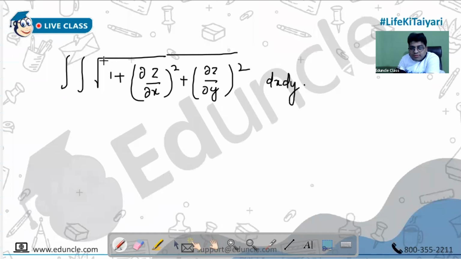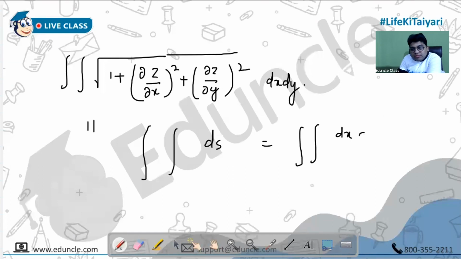So if you say this is equal to double integration of ds, you know ds is equal to dx dy upon cos theta. Yes, z is equal to f(x,y).